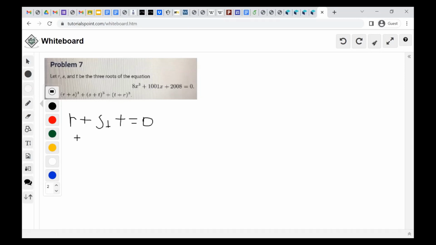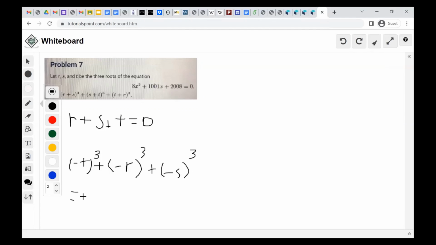So r plus s is equal to negative t. Similarly, s plus t is equal to negative r, and t plus r is equal to negative s.